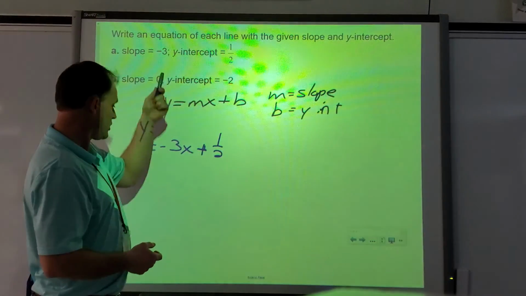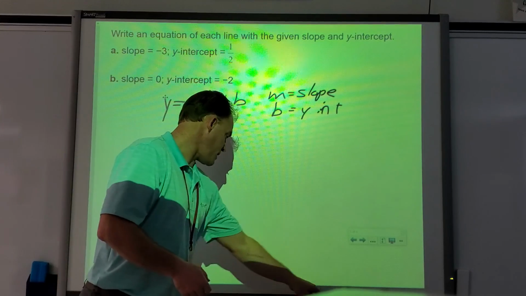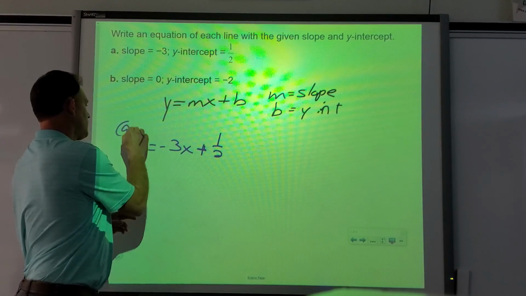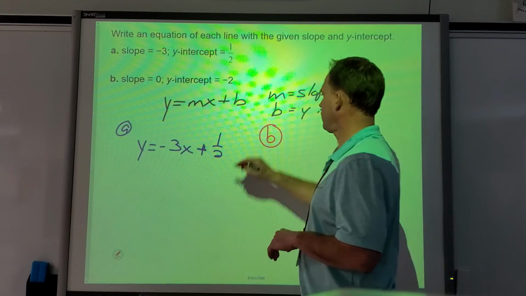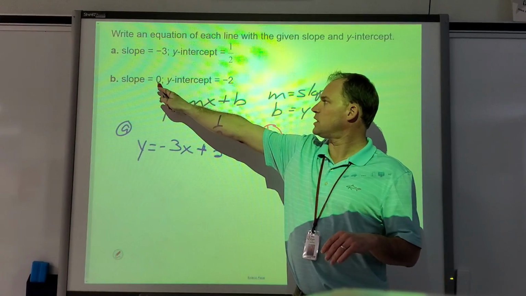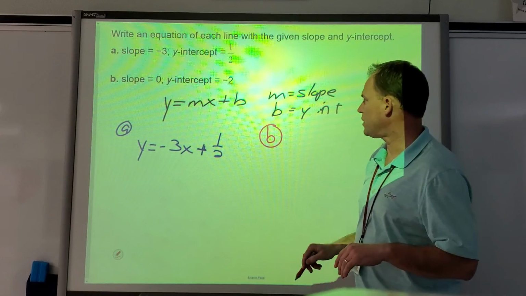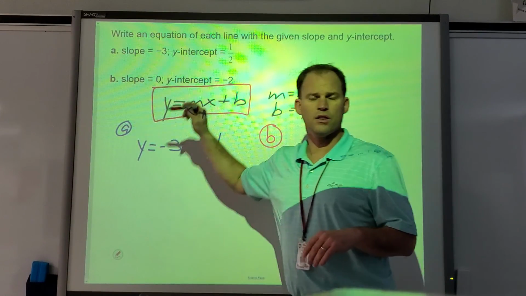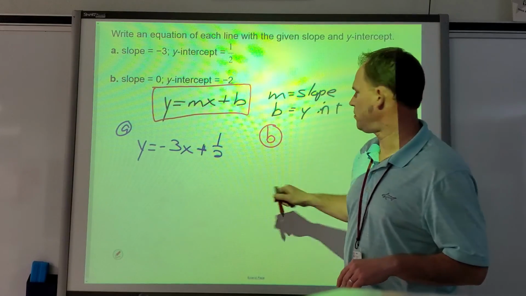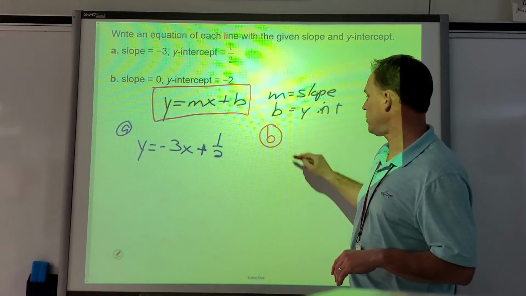Okay? We look at B. Slope is 0, y-intercept is -2. So again, I'm using the general form, the slope-intercept form, and I put the information where it belongs.